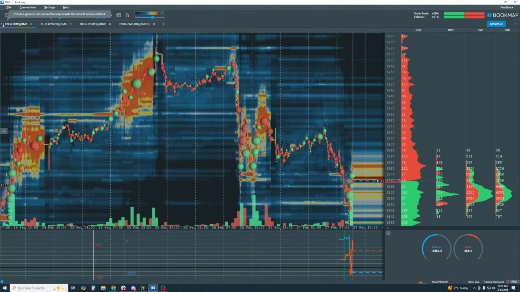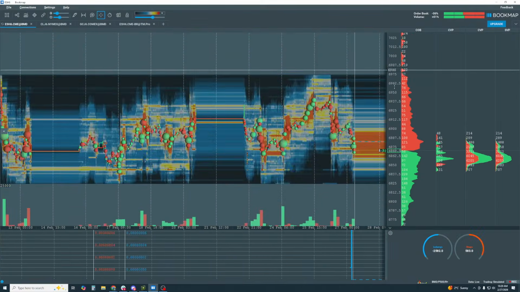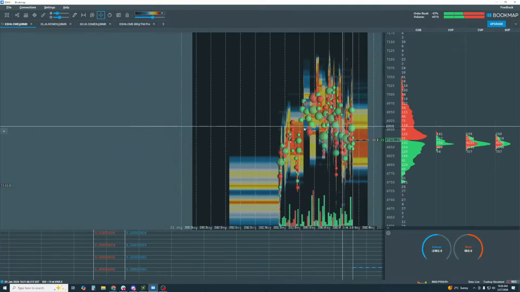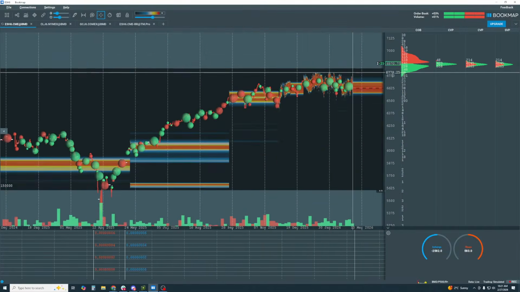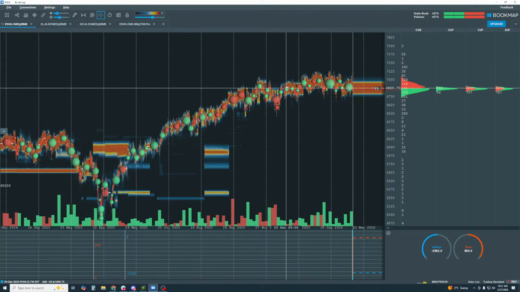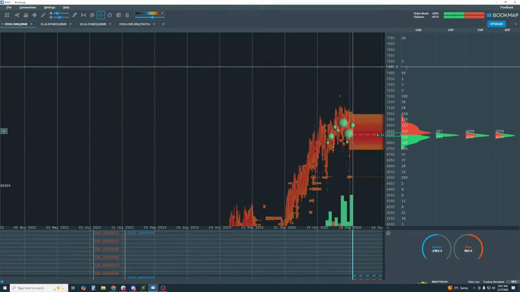This means that it's the continuous contract, and you can zoom out in Bookmap for a couple of years, and look at the order flow and the order book, how it unfolded over the years here.